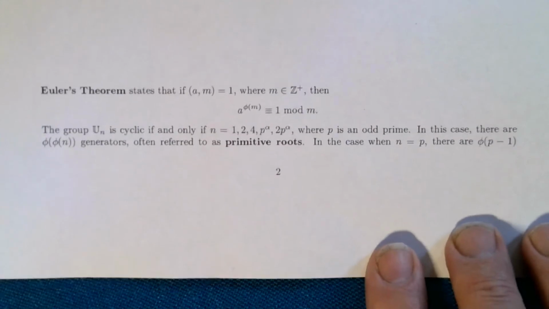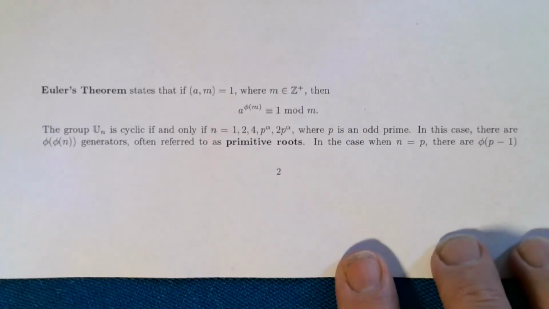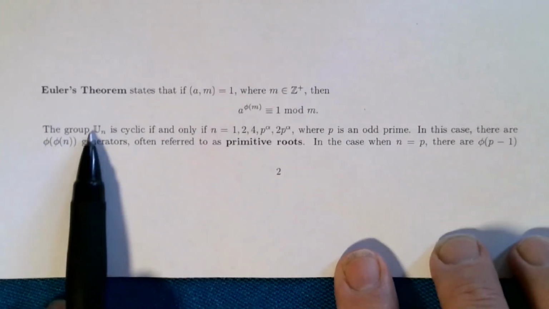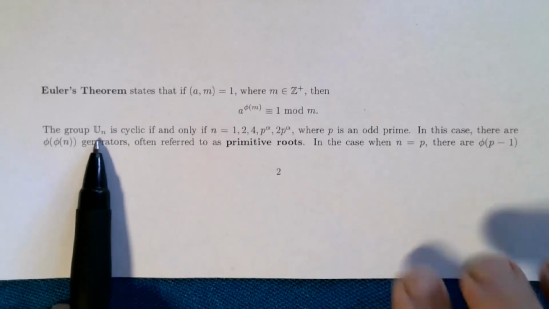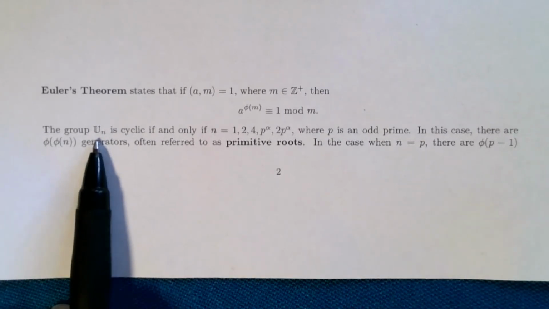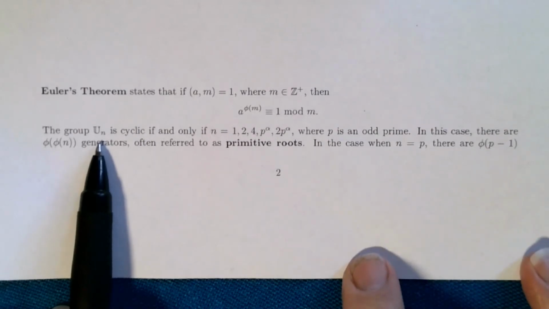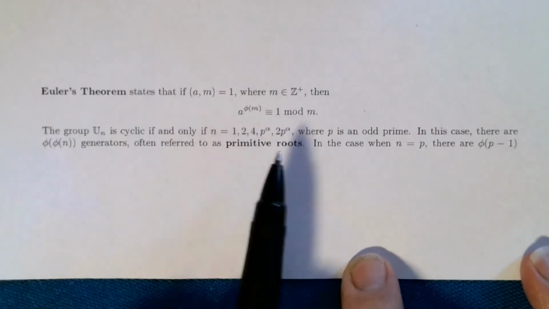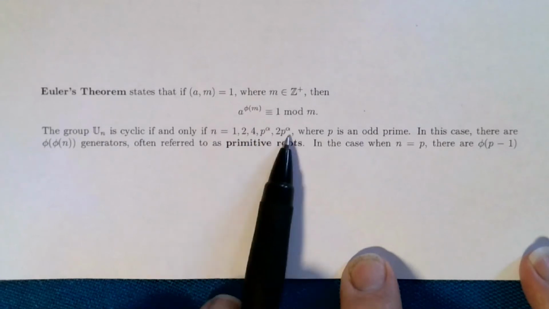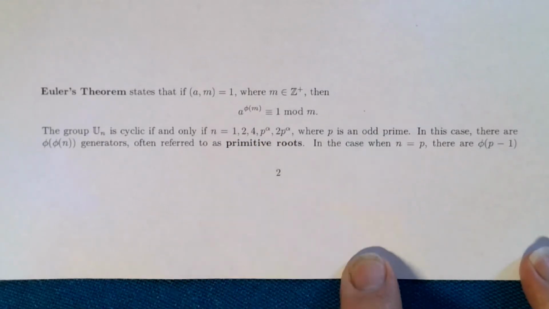So that's again a fundamental result from number theory, that this group of units, this group of invertible elements, this group of numbers that are relatively prime to n, forms a cyclic group, that is, it has a generator, if and only if n is one of these numbers of this shape.